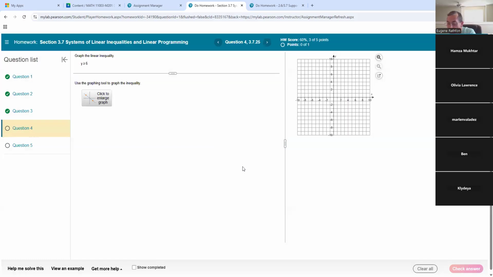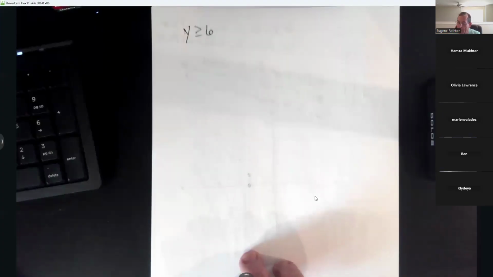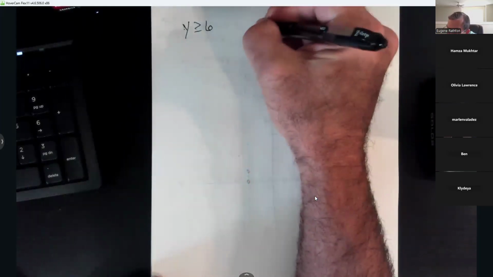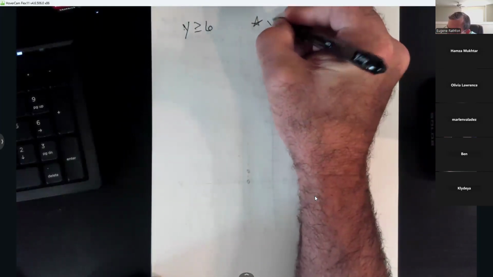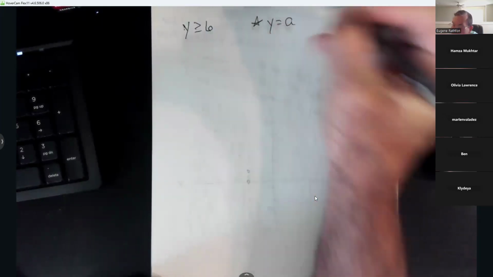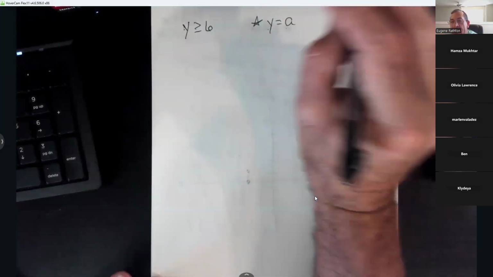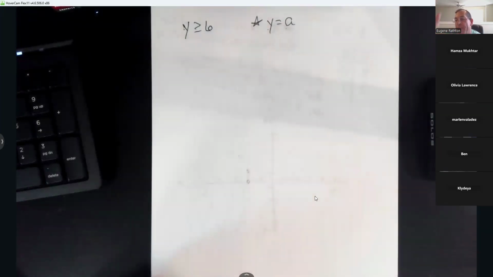Now look at this one. This one is y greater than or equal to 6. So this is the second of our special lines. My other one was x equals. This one is y equals a number. This is a special line, but it's not vertical.